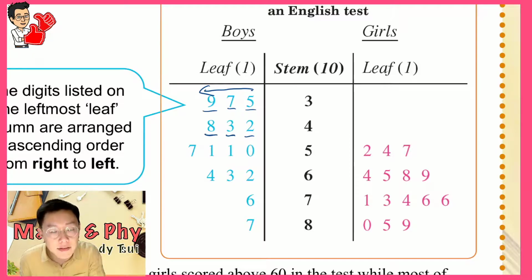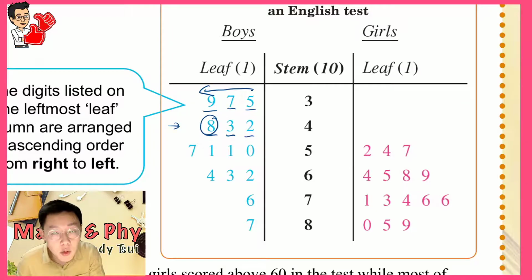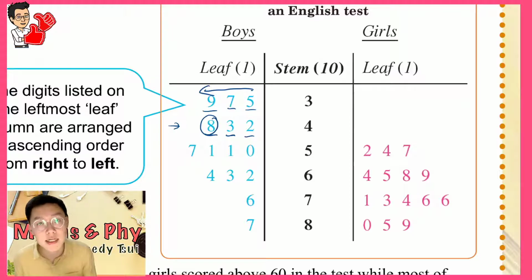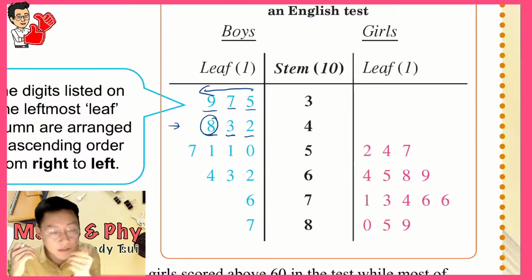The 8 is the datum with the stem part 4, and it is the largest one for this row. So we arrange it from the right to the left. So this is the difference between the back-to-back stem-and-leaf diagram and the previous stem-and-leaf diagram.